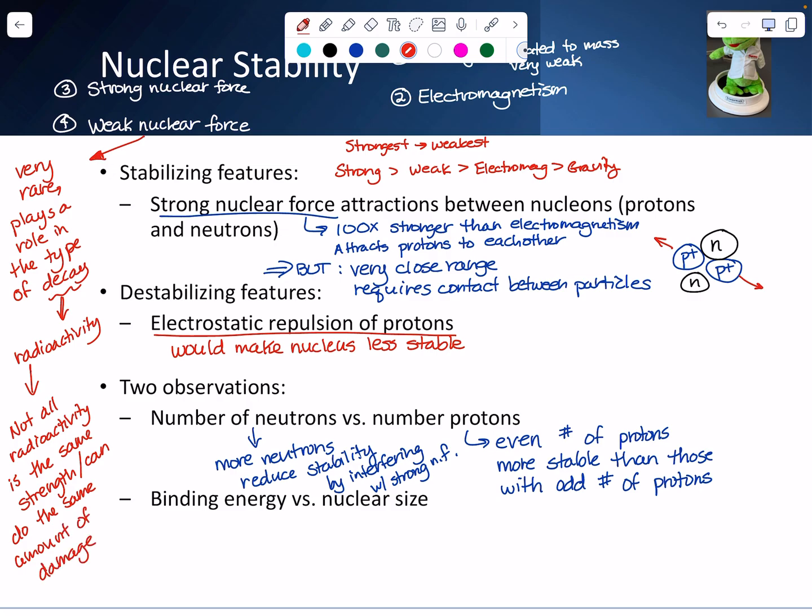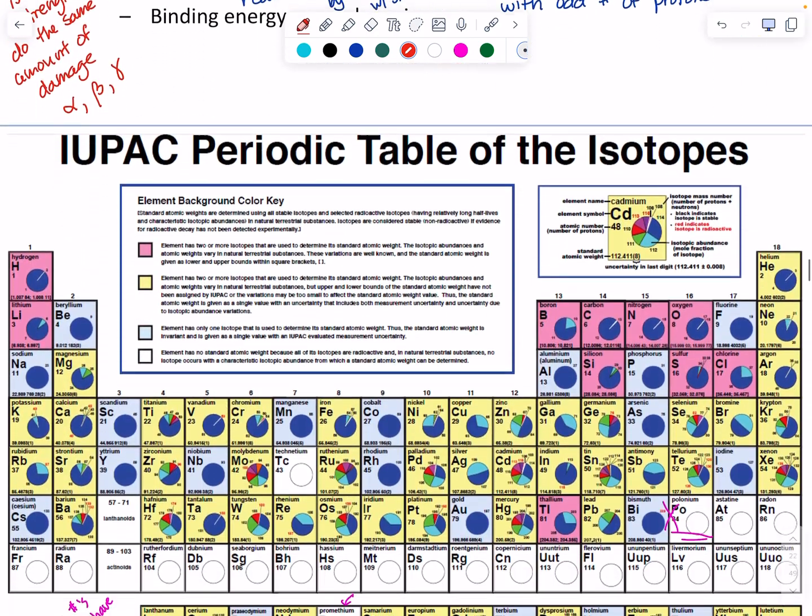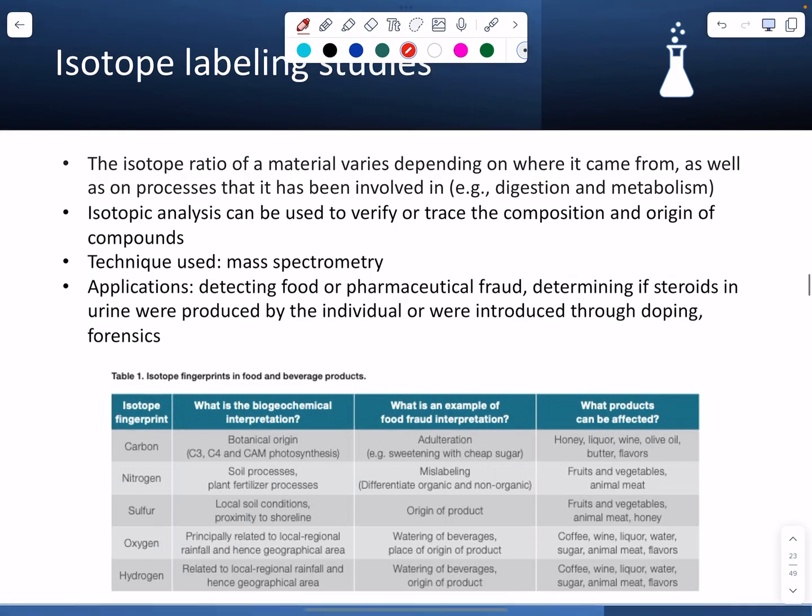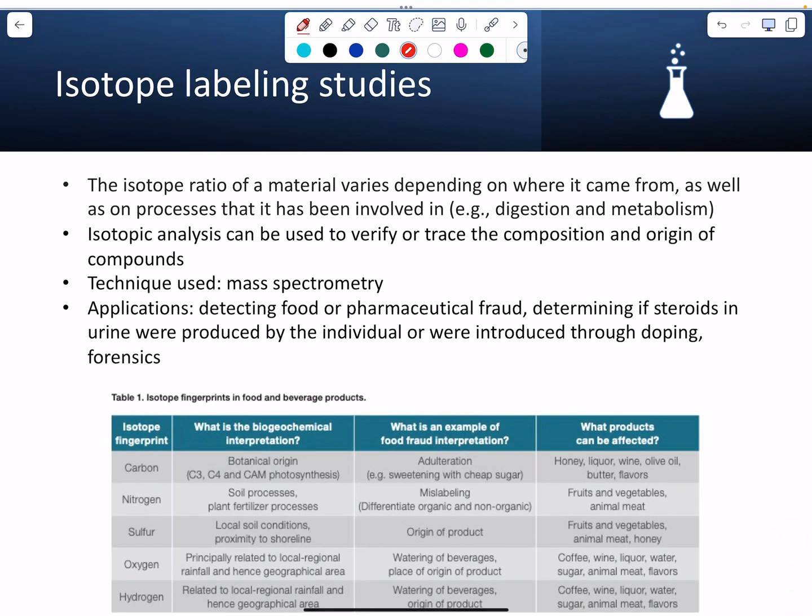Whether an element is going to decay by emitting alpha radiation, beta particles, or gamma radiation, the weak nuclear force, and how it plays a role in the nucleus, is the thing that can cause something to emit beta radiation as opposed to gamma. All right, so that's our discussion of nuclear stability and physical forces.